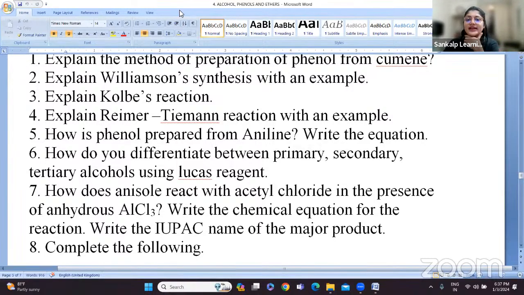Yes, it is diazotization, right? It is called diazotization. We have seen this reaction, right?